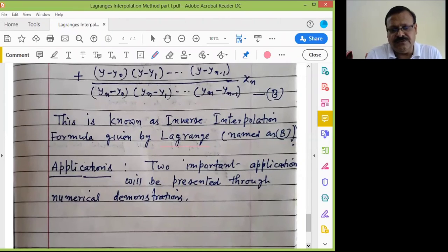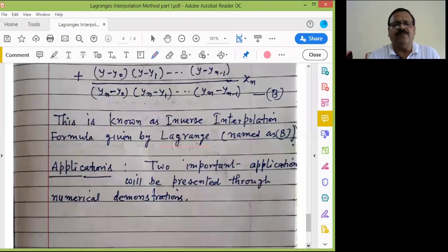So just to summarize, today we discussed the interpolation method for the function whose argument values are not equally spaced. So that is known as unequal interval.